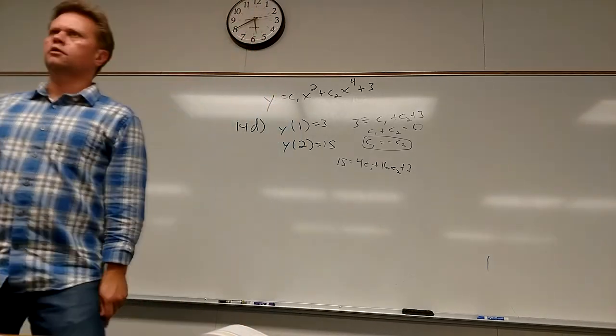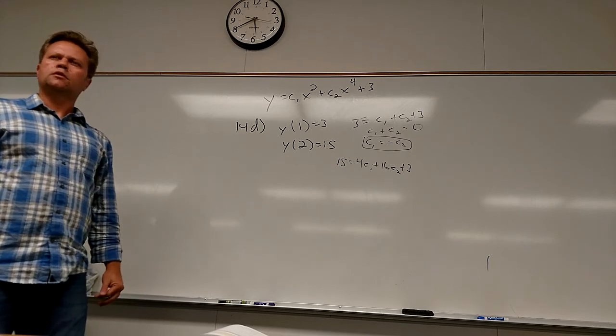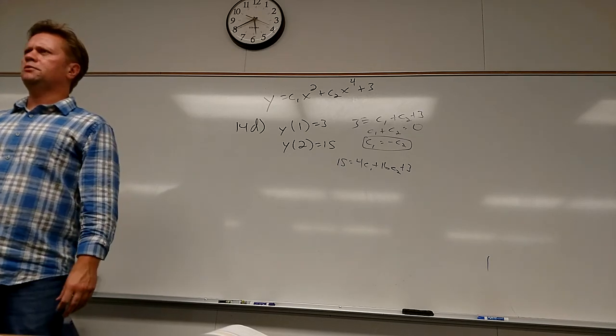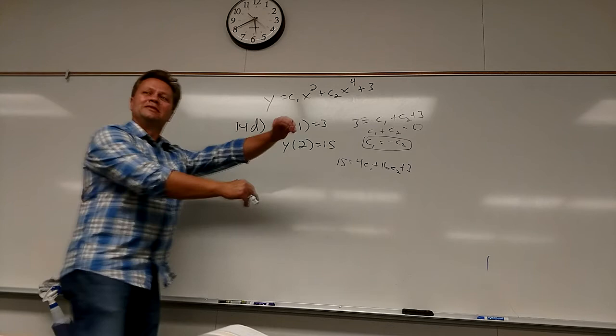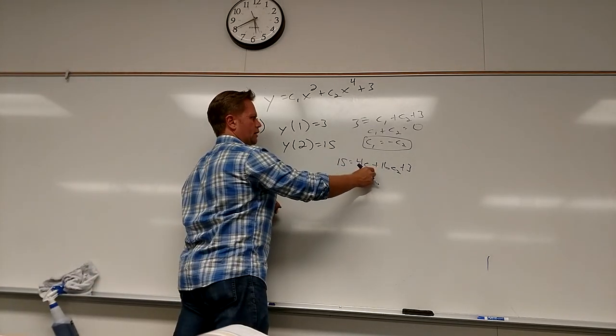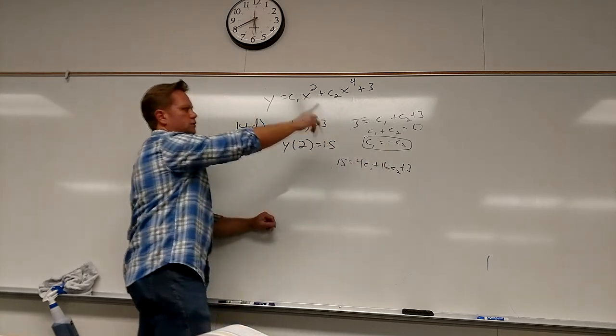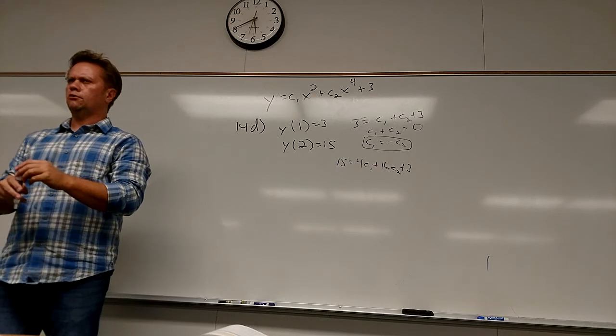I thought they might intend something weird, but I don't see anything weird happening. Anybody get the answer? Negative 1 and 1. Yeah. You plug that in, you get negative 4C2, so you get 12C2, subtract 3, 12C2 is 12, and so C1's got to be negative 1. That looks nice and normal.